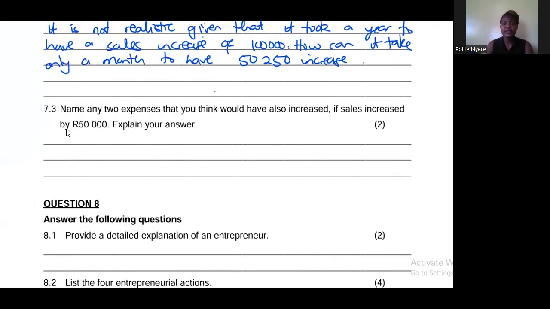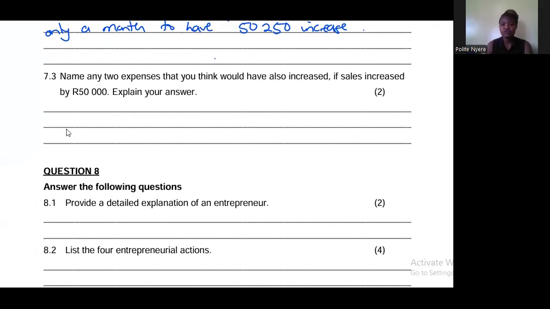Let's move on. Name any two expenses that you think would have also increased if sales increased by 50,000. Explain your answer. Obviously, we are going to have things like cost of sales and maybe transportation costs.